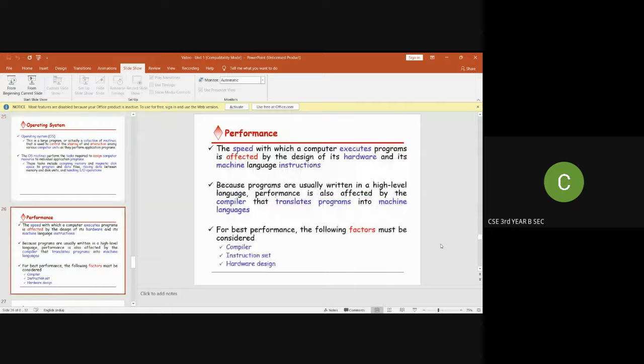The last topic is performance. The speed with which a computer executes a program is affected by the design of its hardware and its machine language instructions. So we can evaluate the performance of two different computer systems by measuring the performance of each one based on the design of its hardware and the instructions used in the processor.